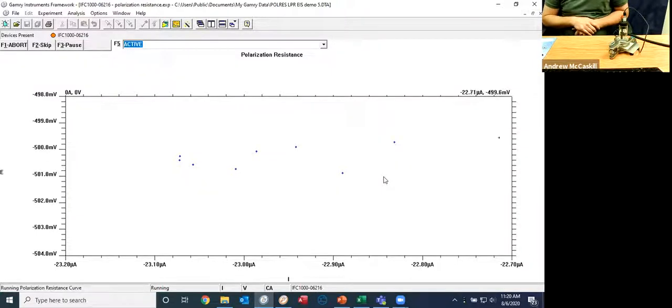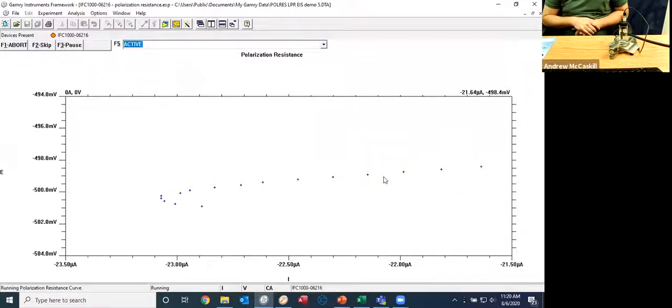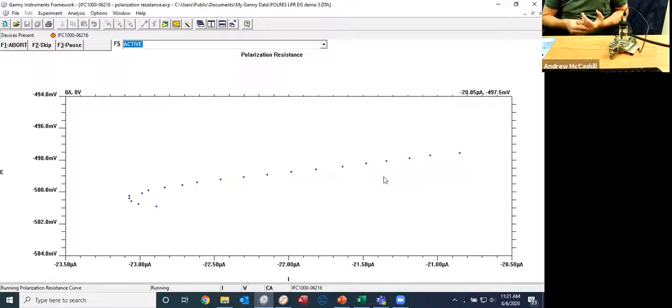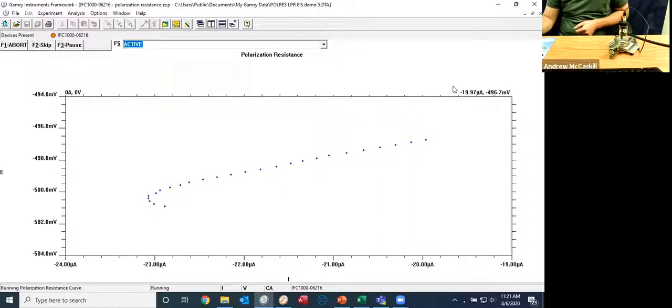First couple data points actually ended up in the direction you wouldn't anticipate initially, but as we move closer to that open circuit potential and move closer to zero amps of current, then we should maintain linearity for the most part.